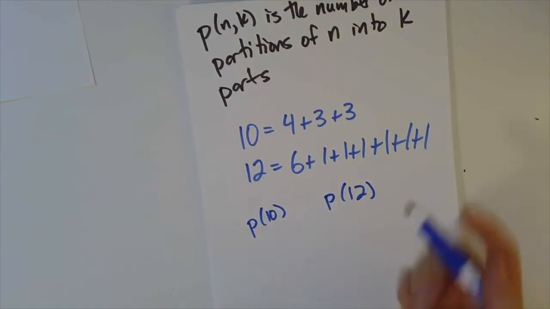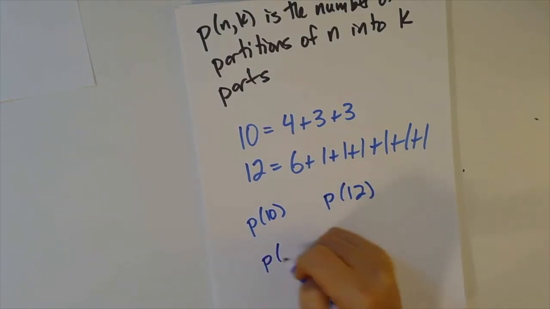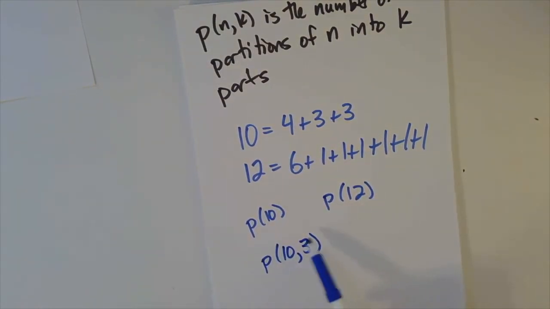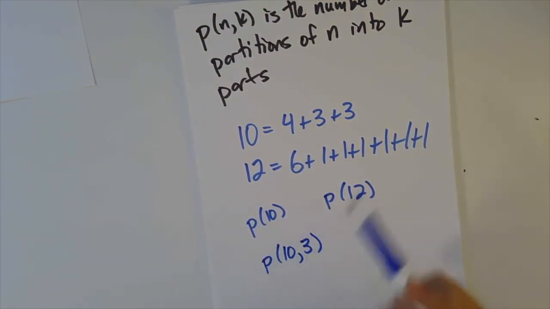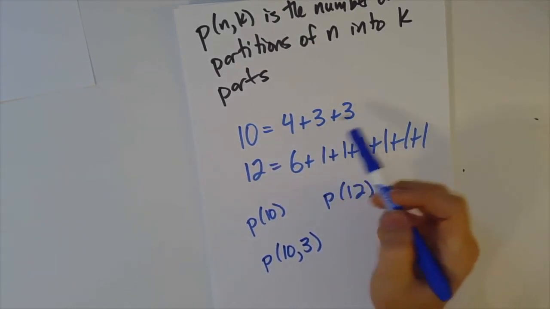But we also talked about things like little p of 10,3 here, which is representing the number of ways to write down a partition of 10 into exactly 3 parts, that is with 2 plus signs if you want.